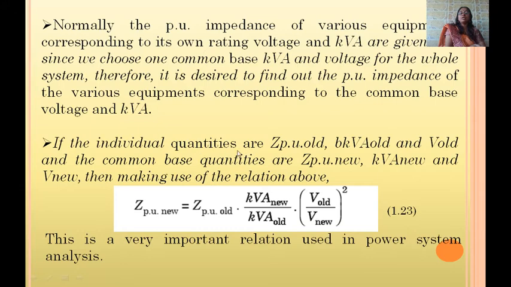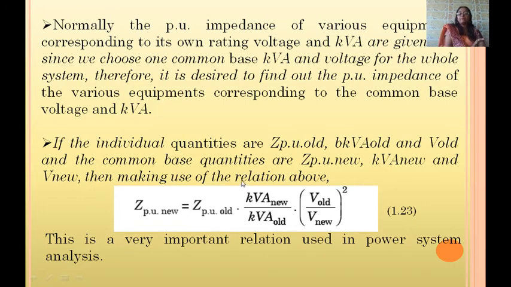If the individual quantities are Z per unit old, base kVA old and V old, and the common base quantities are Z per unit new, kVA new and V new, then making use of the above relation, Z per unit new, we have to calculate considering the old value, Z per unit old, which will be given in the example.